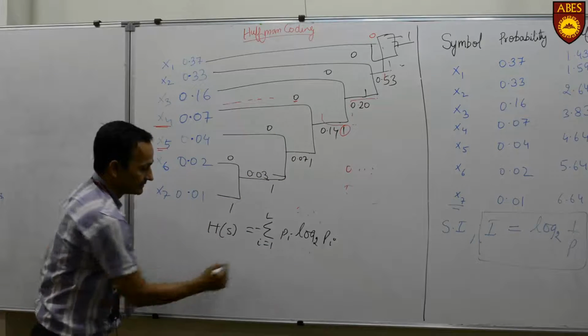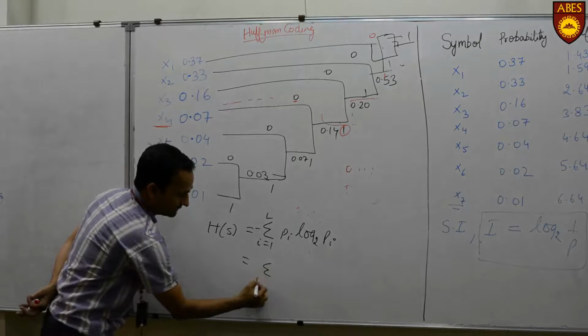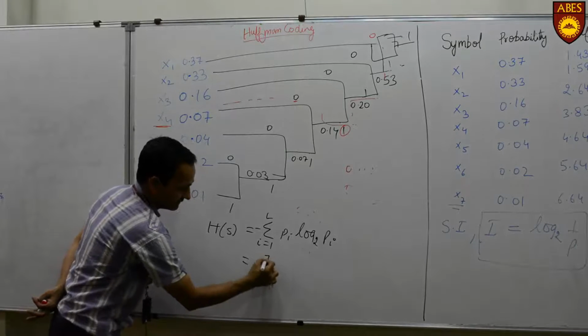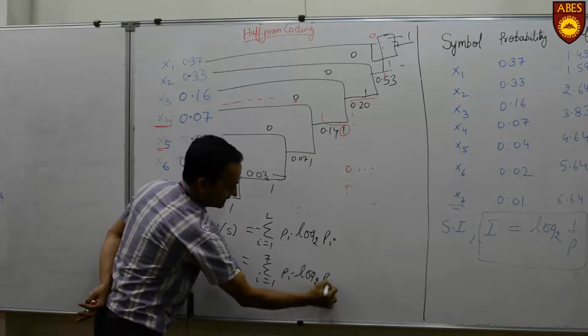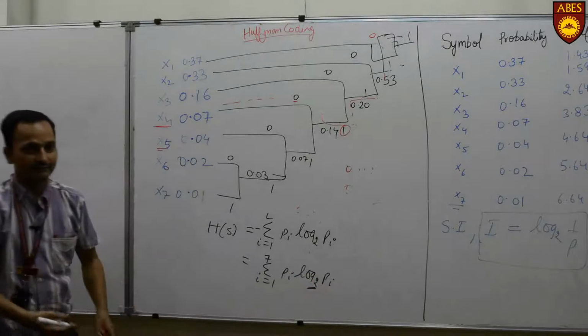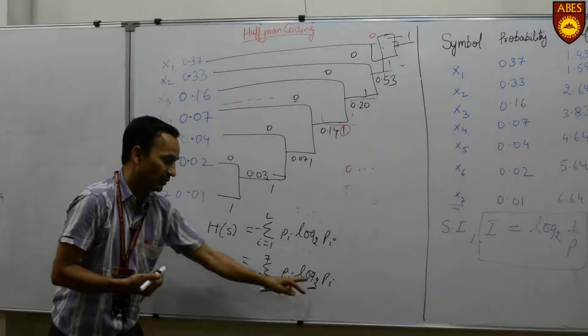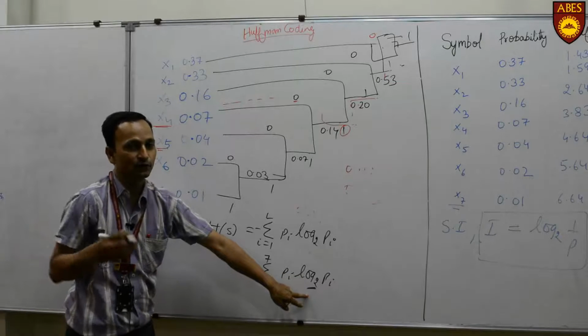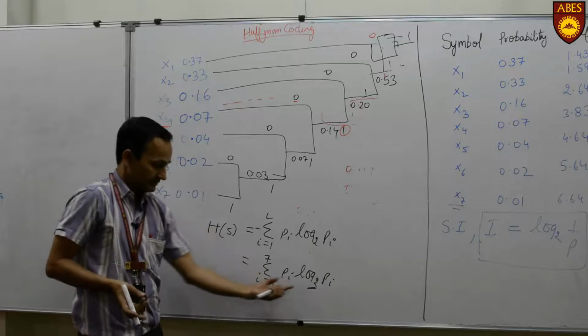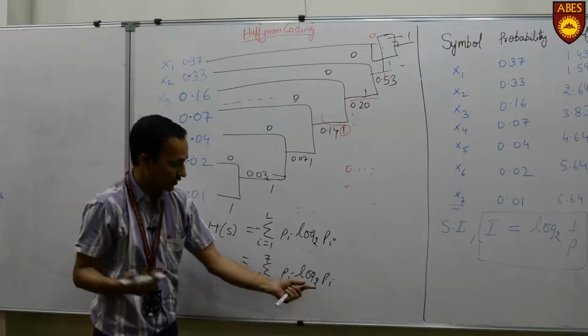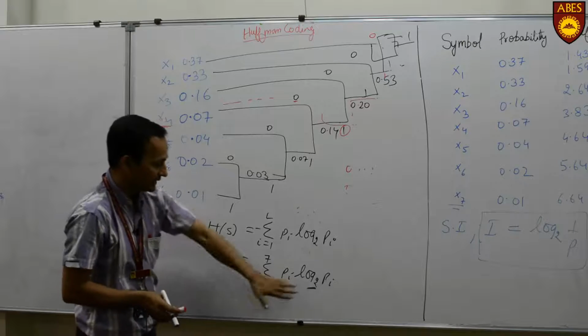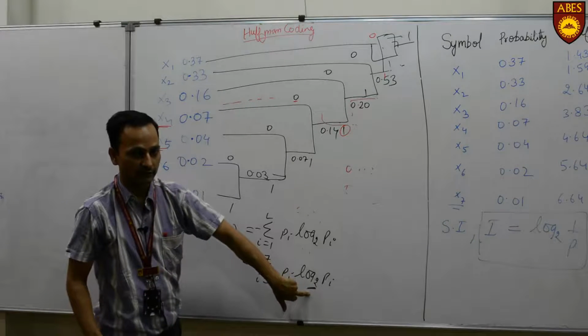My total number of symbols is 7, so I can write summation i equal to 1 to 7 of P of i log2 Pi. We have to note here that the base of my log is 2. So whenever we are going to calculate log 2, we first take log 10 divided by log 2. This is how we calculate this log value.